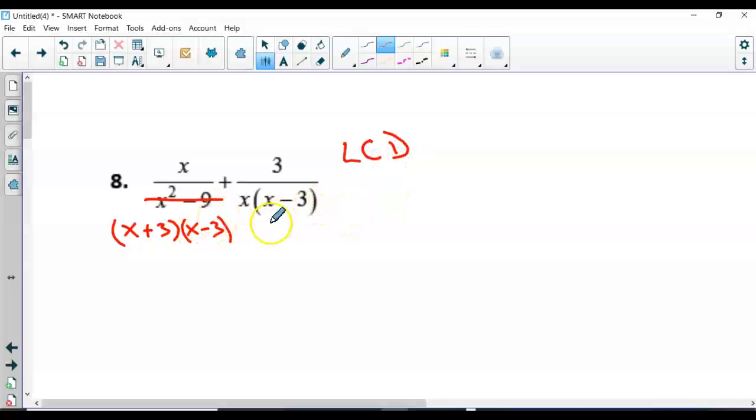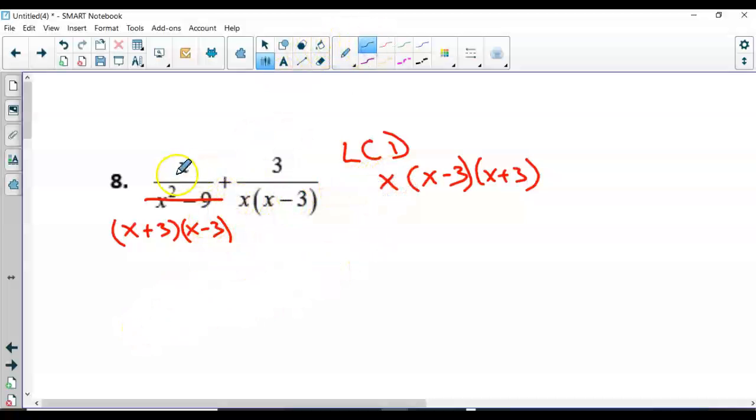So write down what's common in both, which is x minus 3. And then I already wrote down x minus 3, so I have an x plus 3 left in the first denominator. And in the second denominator, I have an x which is left, so that goes in front. So that is our LCD.